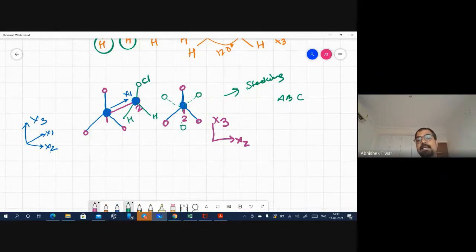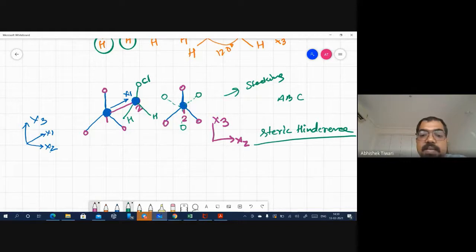So these two probably will contract, so the 2 hydrogen atoms will have to come closer to each other, and chlorine will be taking more space because the size of that atom is larger. So this steric hindrance, which is the hindrance or necessity because of the size of the atom, contributes to the mechanical response of the material.